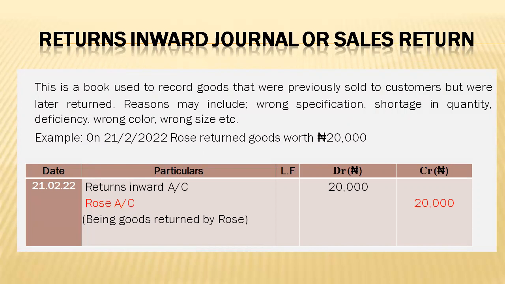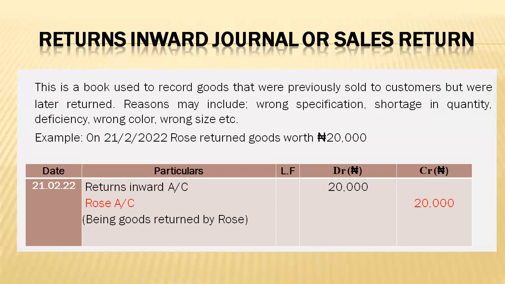Now, what are some of the reasons why the goods that we have previously sold to a customer may be returned? One, it may meet the wrong specification. It may not be the right specification of goods. There may be shortage in quantity. If the goods were supposed to be 30 in a crate and we ended up giving them 25 in a crate, that could be returned.